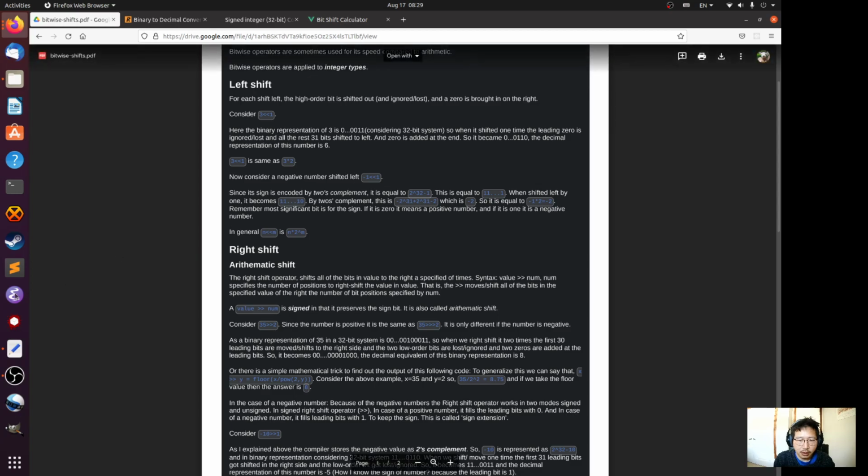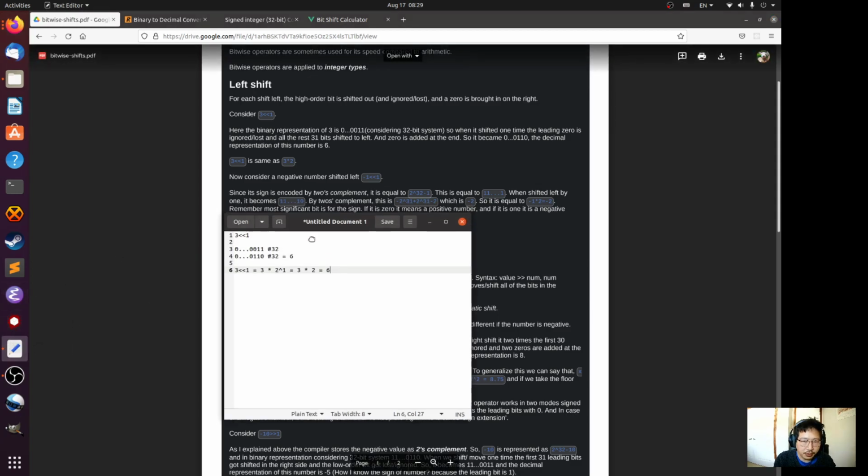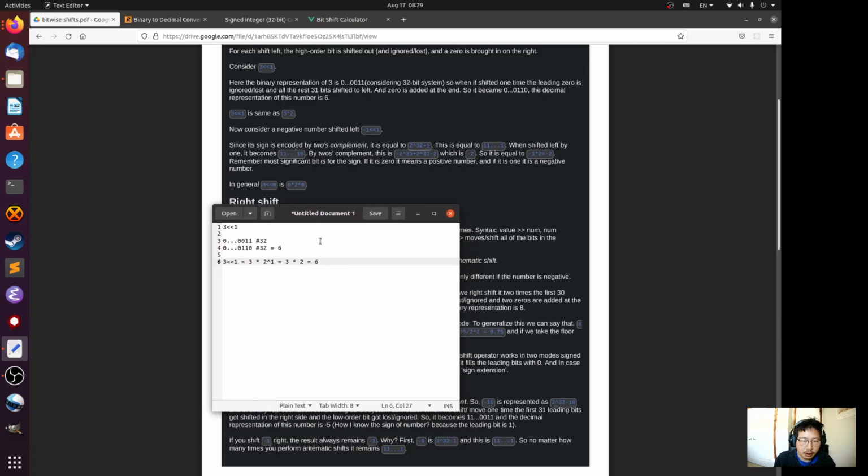Have a look at this example over here. Let's do -1 left shifted by 1. Here -1 is actually equal to 2 to the power of 32 minus 1. In general, if you encounter a 2's complement encoded negative number, so minus some number, that's actually equal to 2 to the power of 32 minus the number.